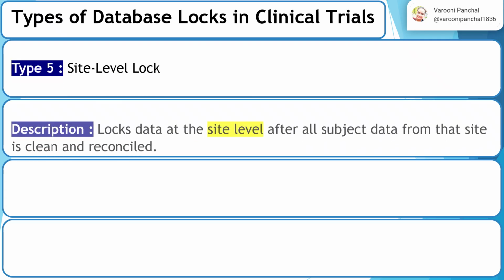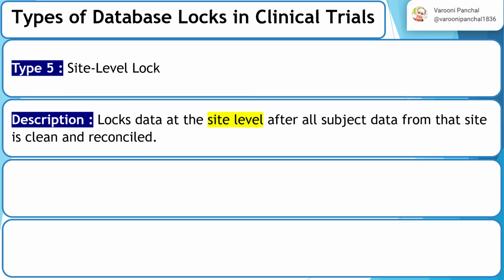Now next is the site level lock. Now this particular type of lock is at the site level, after all subject data from that site is cleaned and reconciled. So say for example I have a specific clinical trial study which is having 10 sites, right? So at one specific site all the subjects have been entered, all the queries are resolved, there were no SAEs reported, there were no deaths reported, and everything was working smoothly and there were no issues at all, and there was a good amount of clean data from that site.